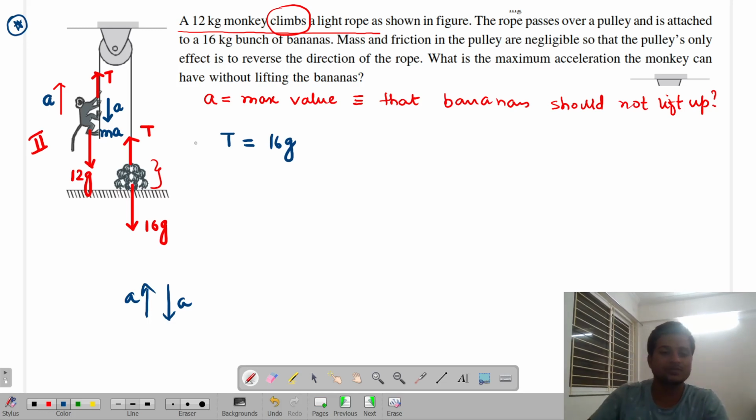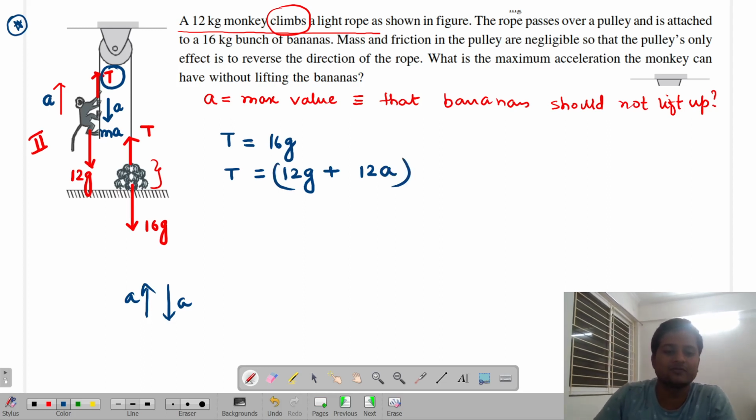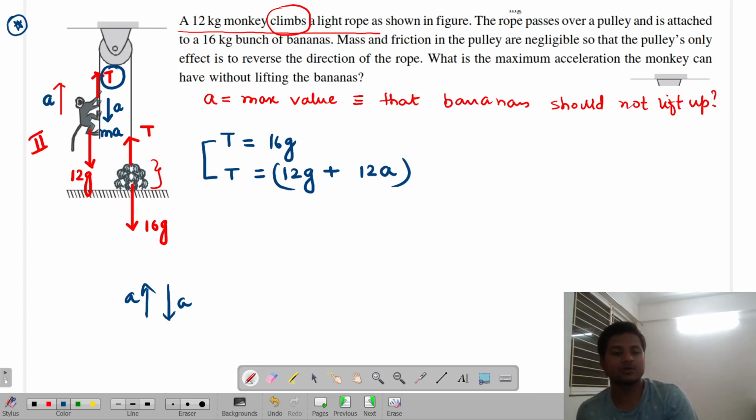Now this tension T over here is balancing this whole weight, the monkey's weight plus the monkey's acceleration term, and that is why if these two tensions become equal, the banana is not able to lift up. Are you able to get me or not?